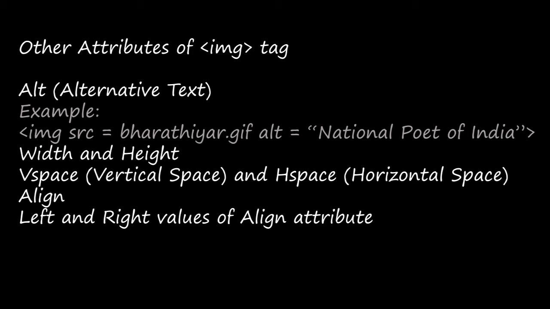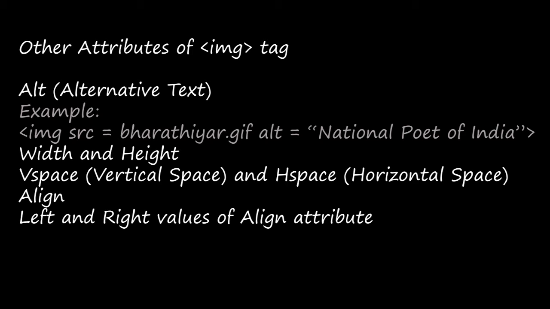The next one is width and height. These attributes are used to set the width and height of the image. The value of these attributes should be in pixels, or it may be a percentage of its actual size. If these attributes are not specified, the browser will display the image in its original size.